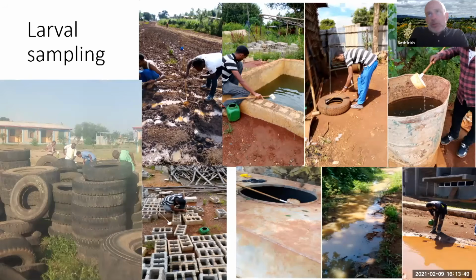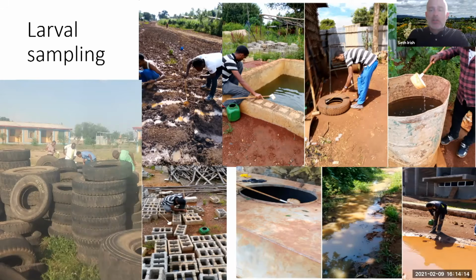And here are some pictures from actual larval sampling that was done. And you can see that they're sampling a wide range of habitats, and oftentimes habitats that are quite different from what we sample when we're looking for Anopheles arabiensis in Ethiopia. We would never sample tires looking for Anopheles arabiensis.